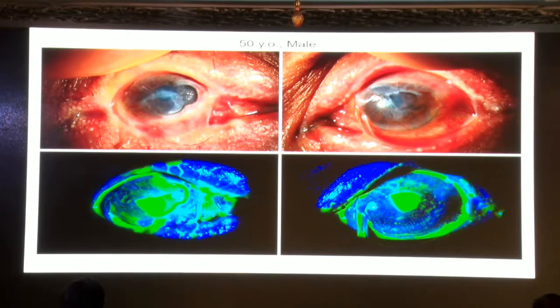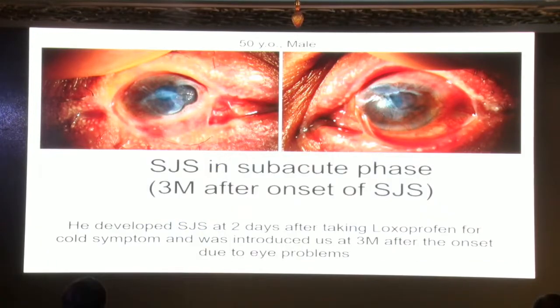Okay, we need the information. So this is SJS in the subacute stage, 3 months after onset. He developed SJS 2 days after taking loxoprofen for cold symptoms, and was referred to us 3 months after the onset due to an eye problem.